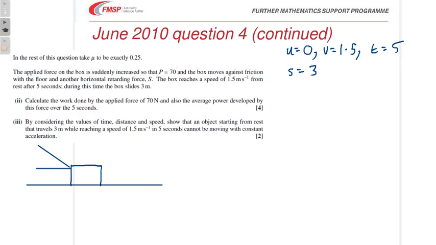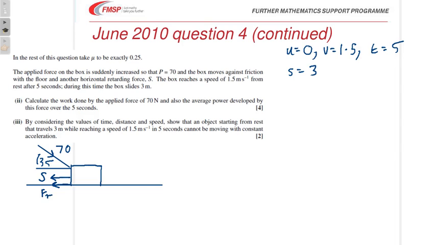So there's 70 here, and that's the 35 degree angle there. It moves against friction and another horizontal retarding force, I'll call that S, and friction.